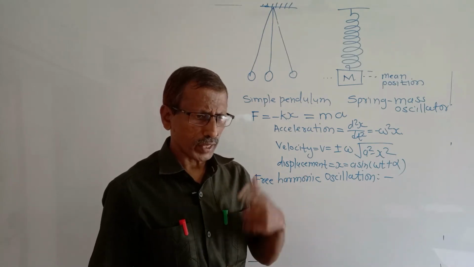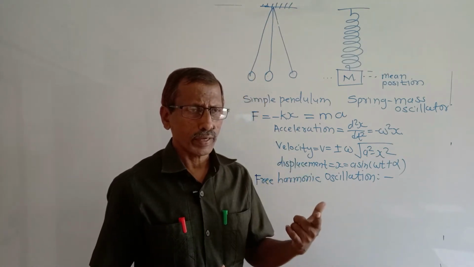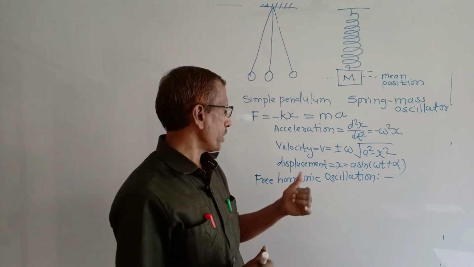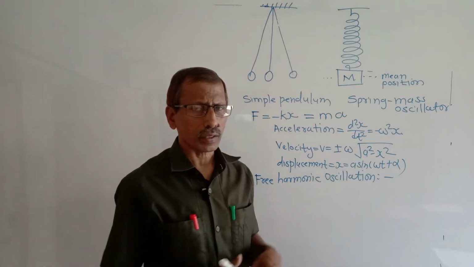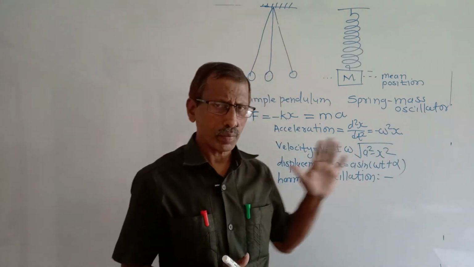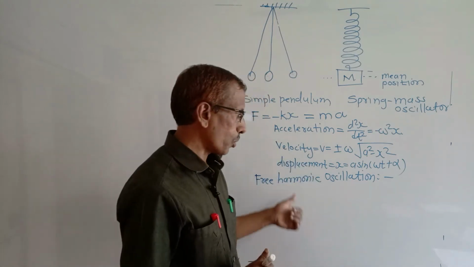This motion is repeated again and again, so it is a harmonic function, just like trigonometric sine and cos are harmonic functions. Here sine is there, so it performs oscillatory, repeating motion. So this motion is free harmonic oscillation.